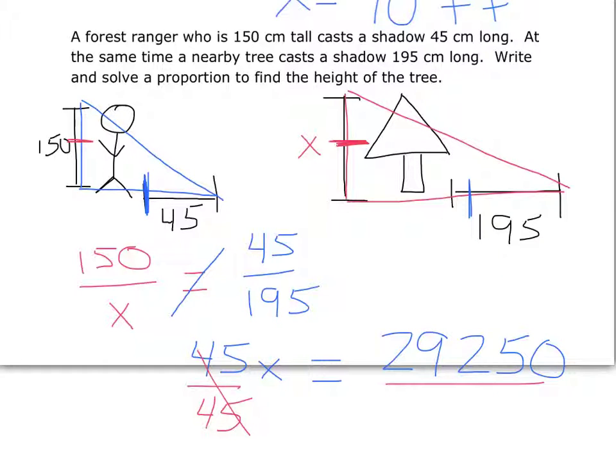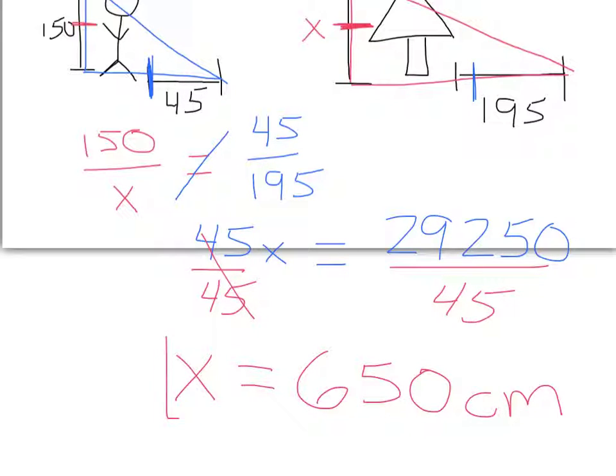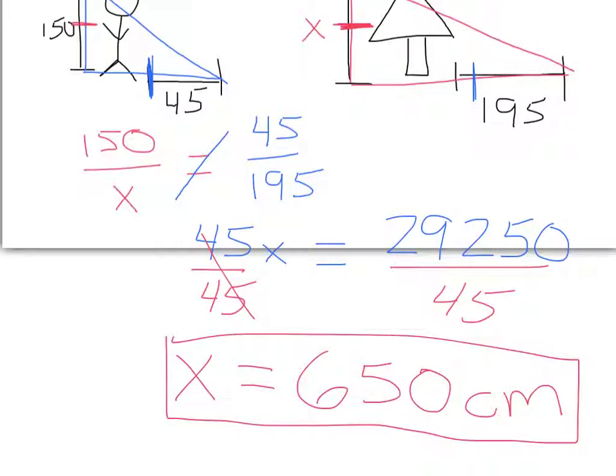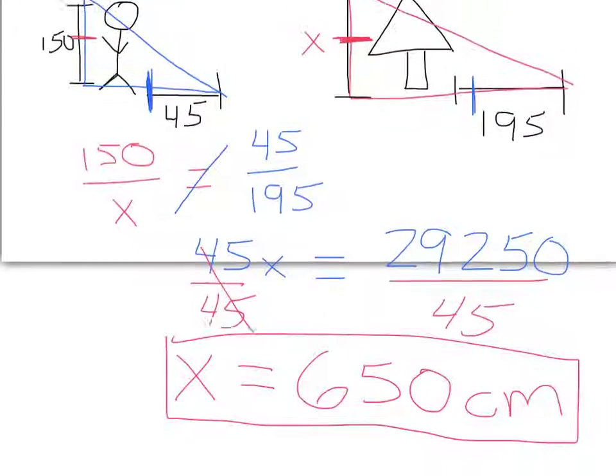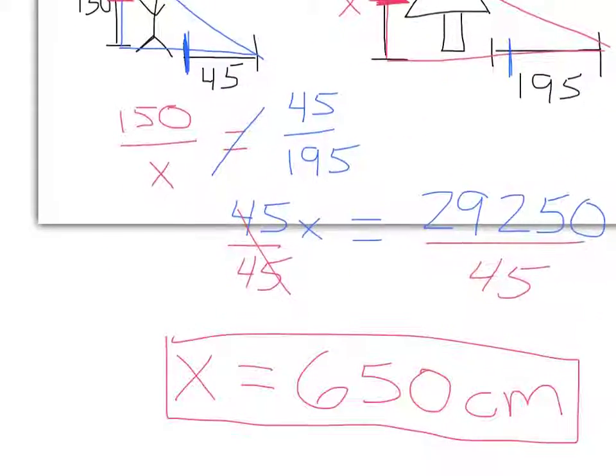We're going to divide by 45. And when we divide by 45, we end up with x equals 650 centimeters. So in other words, the height of that tree right there is 650 centimeters.